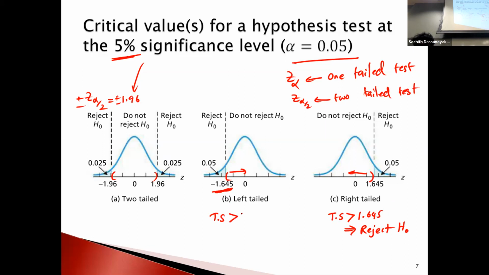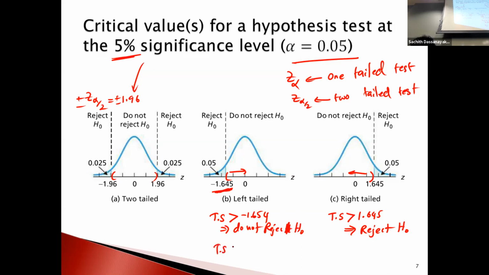Based on this one, if your test statistic is greater than or not greater than, there are two ways actually. If it is greater than this negative 1.645, which means do not reject H naught.